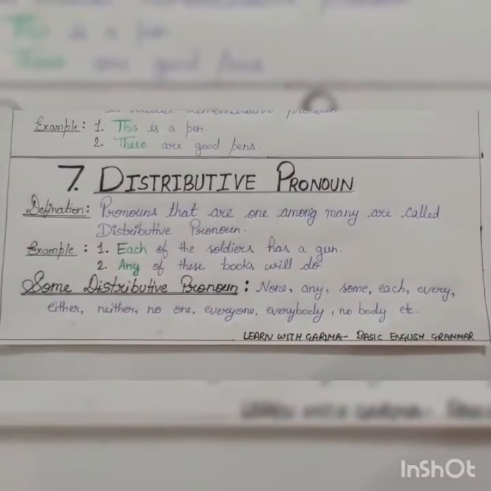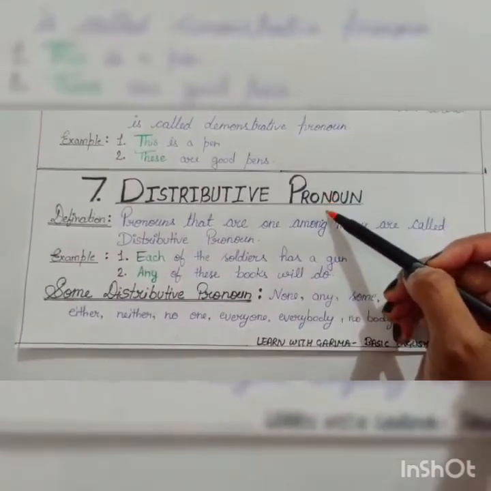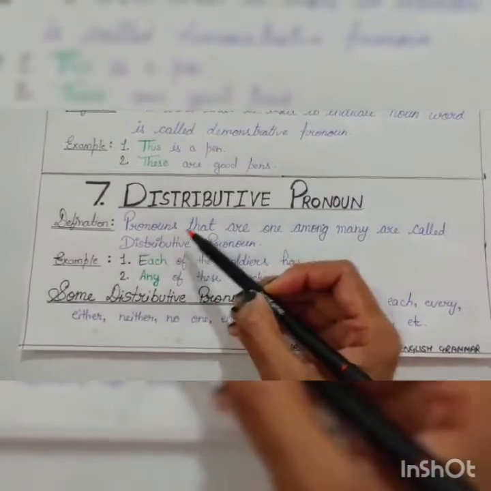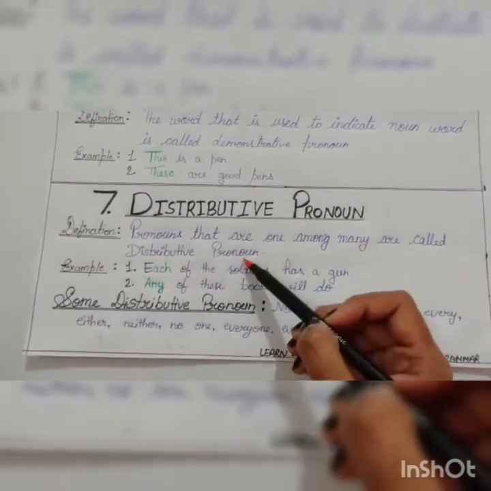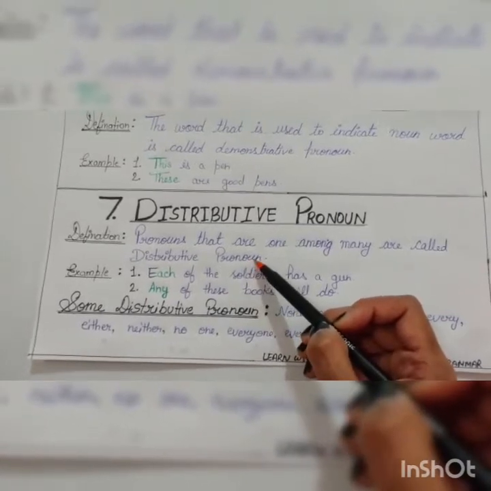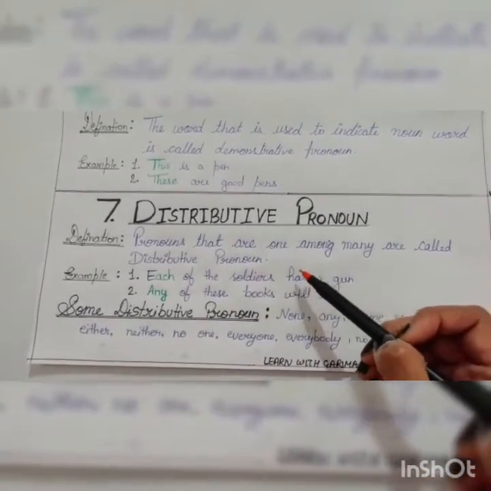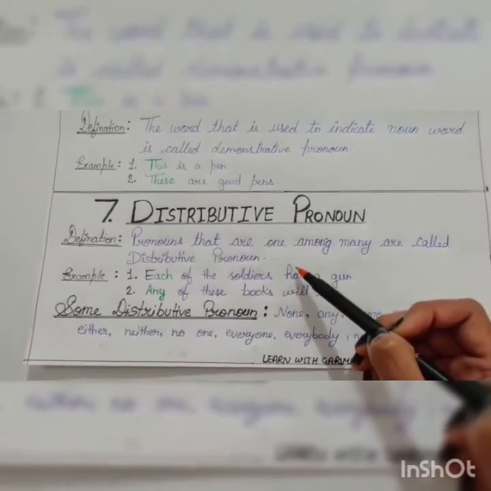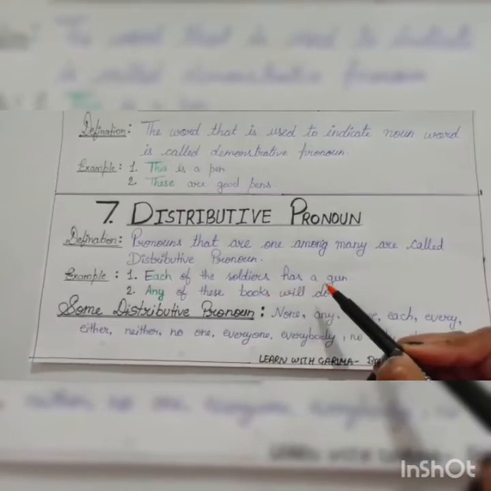The seventh type of pronoun is the distributive pronoun. The definition of distributive pronoun is: pronouns that are one among many are called distributive pronouns, which means a pronoun that is used as a separator in the place of a noun. It is a distributive pronoun. Like, each of these soldiers has a gun.